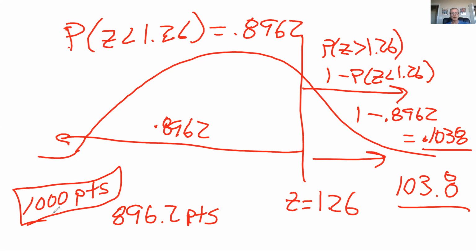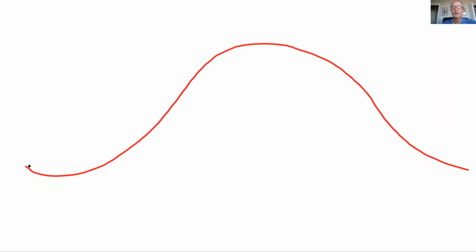And here's the big difference, again, with the z value of 1.26. Here's the difference between discrete and continuous. Because it's continuous, we don't have to do a step.